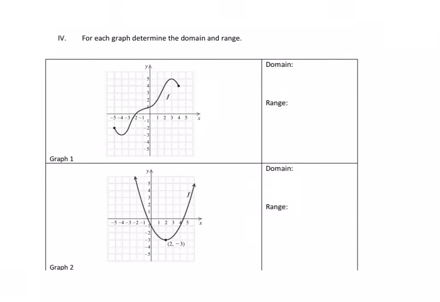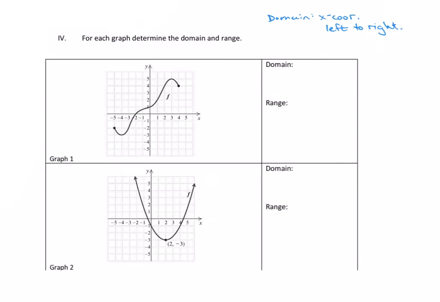So we're going to go ahead and do this using set notation and interval notation. When we talk about domain, remember, it is the x coordinates, and we want to go left to right.